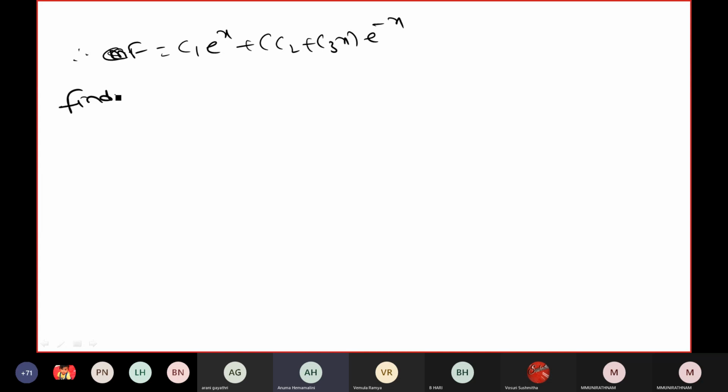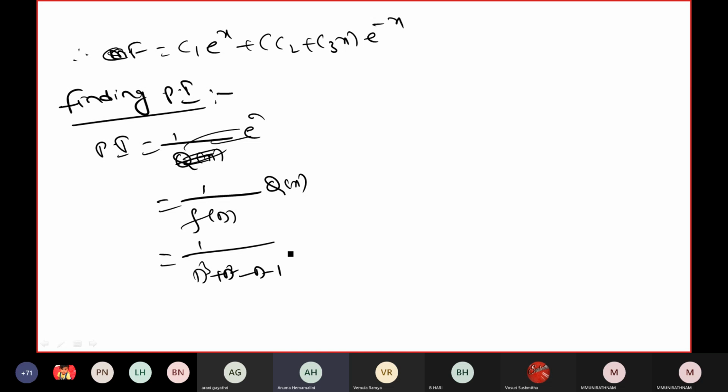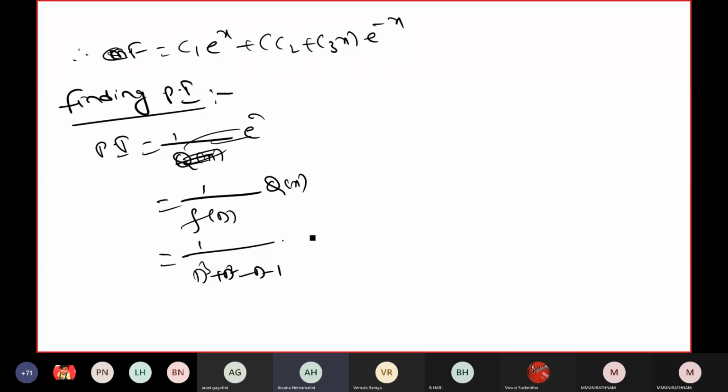Now finding PI. PI is what? 1 by f of D into Q of x. 1 by D cube plus D square minus D minus 1, Q of x మనకు cos 2x.